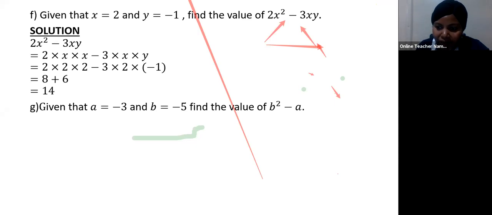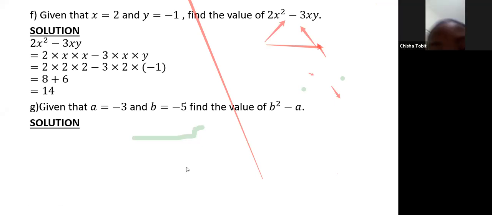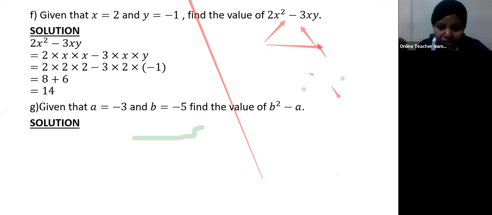Chisha, Tobit, expand for us. Where's David Piri?